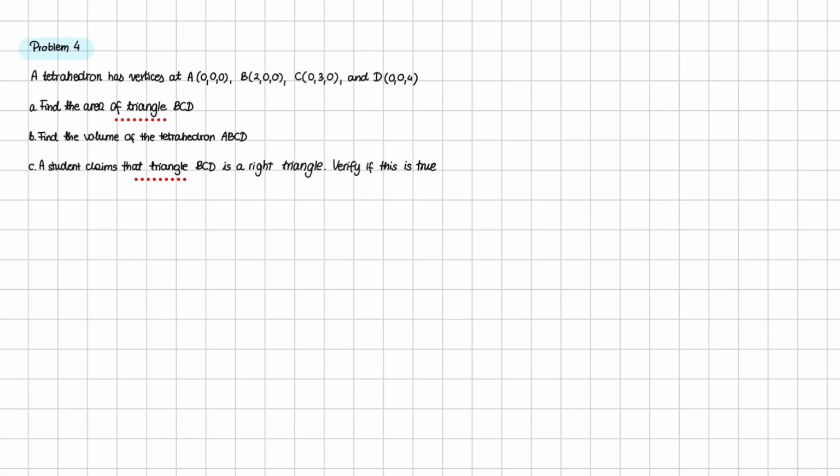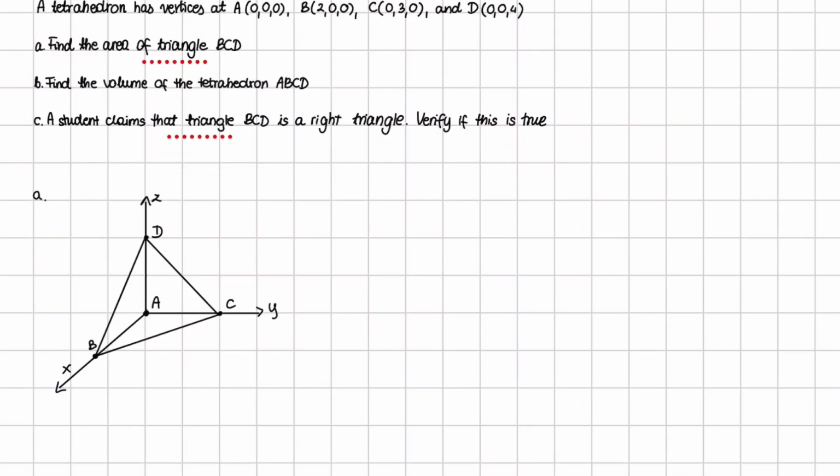However, here I will show you an easier way, but firstly let's draw this tetrahedron and make sure that you understand the basis of it. So this is our tetrahedron. Our vertex is D because it has a Z coordinate other than 0.